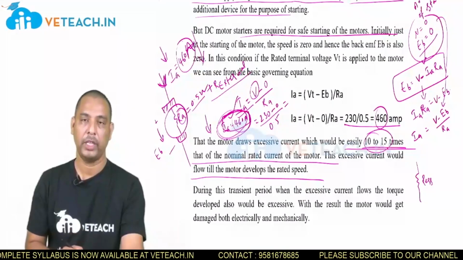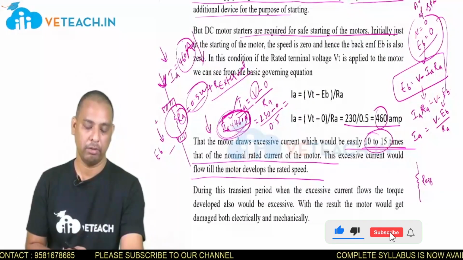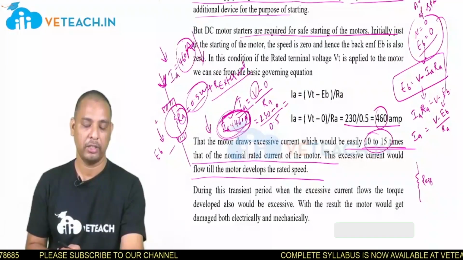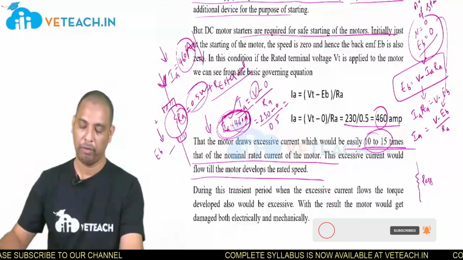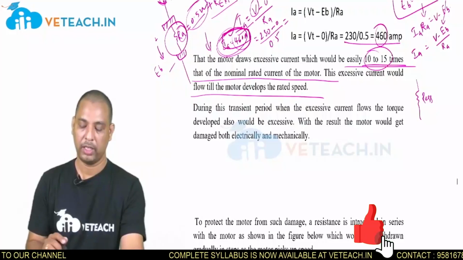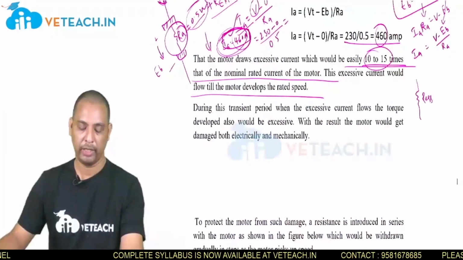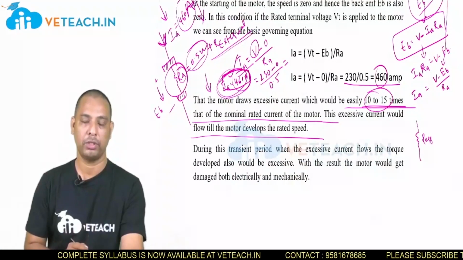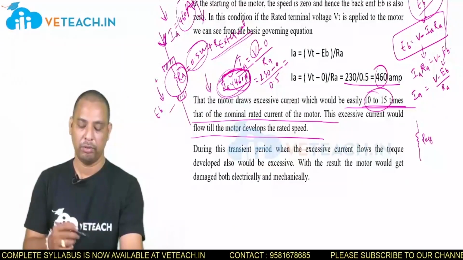In this way, we can add an external resistance to this armature circuit in series, such that the initial high starting currents are limited. So the excessive current you are getting here could be minimized by adding external resistance in series with the armature circuit.